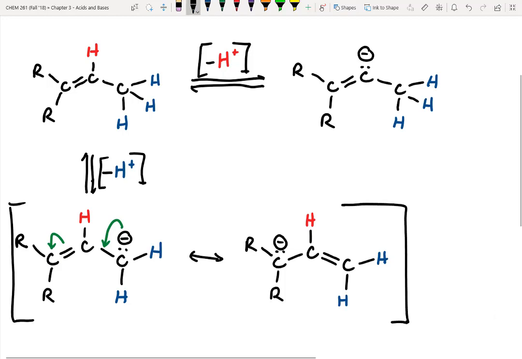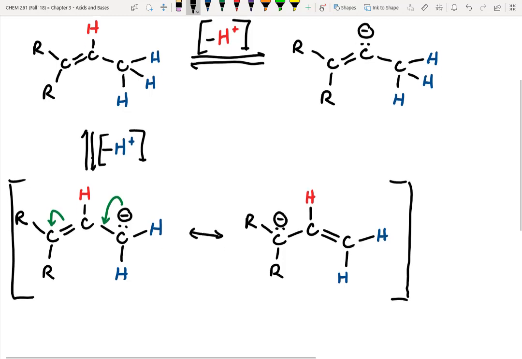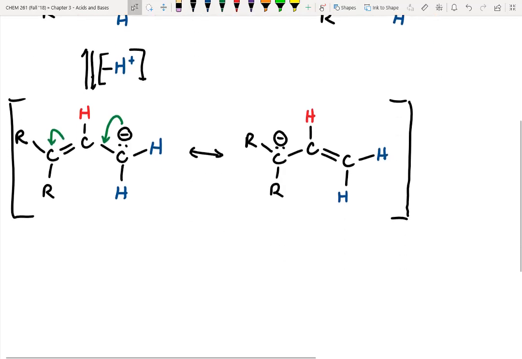All right, so really quickly, looking at this, we can say, well, if we remove one of the blue protons, we have a resonant stabilized conjugate base. That's more stable than if we were to remove one of the red protons. Therefore, the blue proton must be more acidic, right? So let's make a note of that.